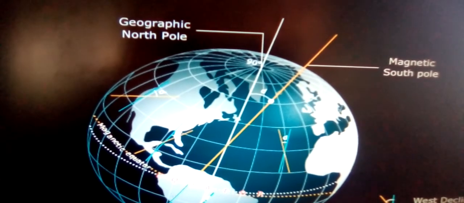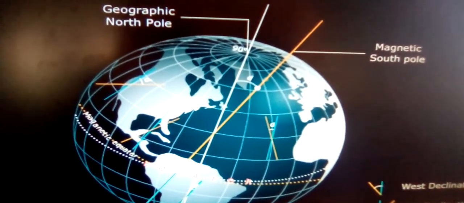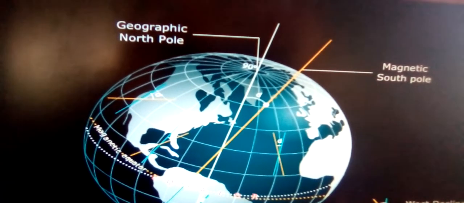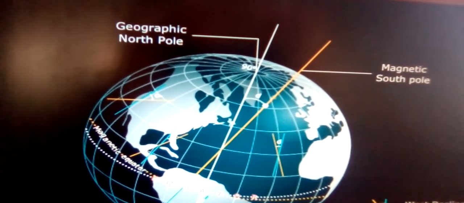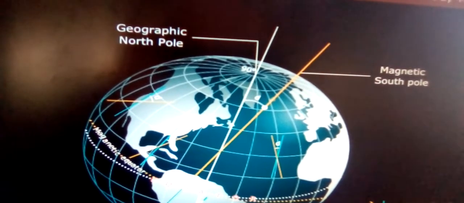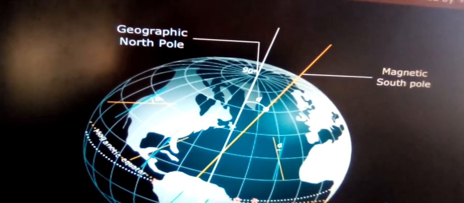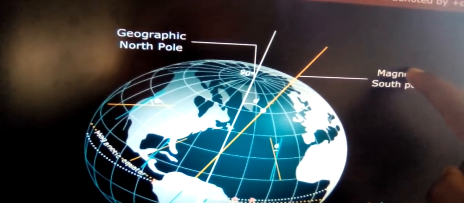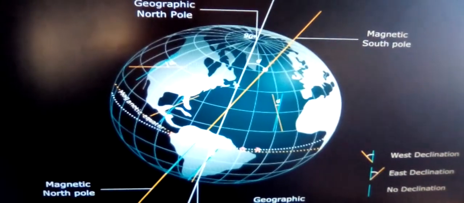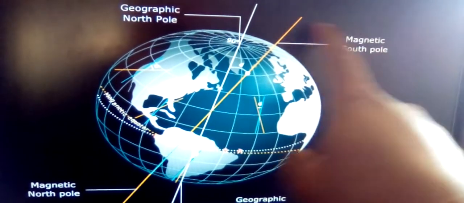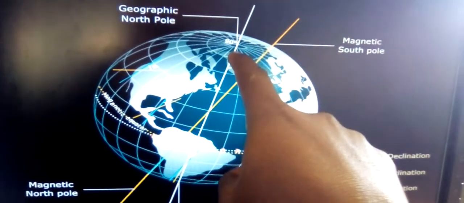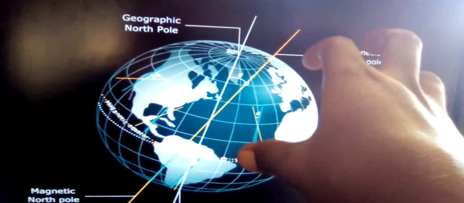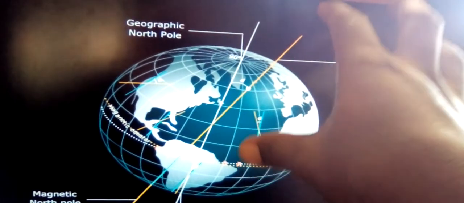Now the south pole of the Earth's magnet is in the geographic north, and in the geographic south we have the north pole of the Earth's magnet. So you find that in the Earth itself we have the magnetic south pole here and the magnetic north pole there. In the northern hemisphere we have the south pole of the Earth's big magnet.